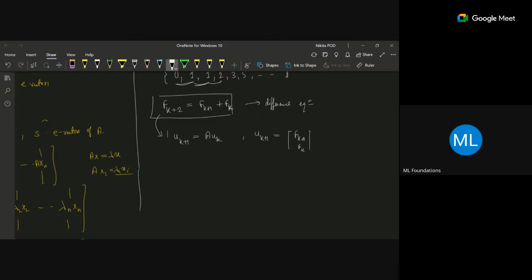Now we want to find the solution for this. What is the solution for this difference equation?